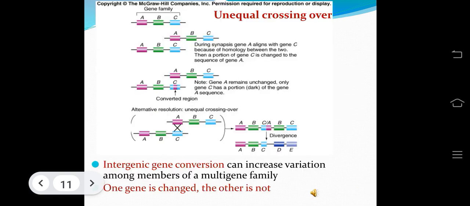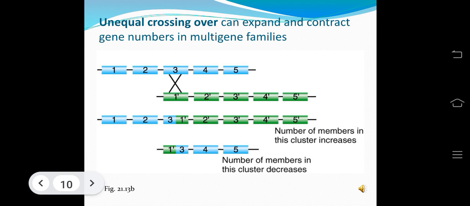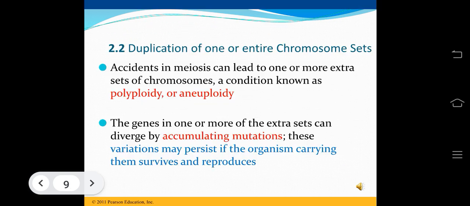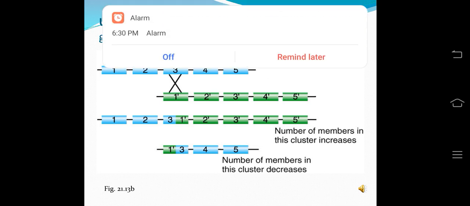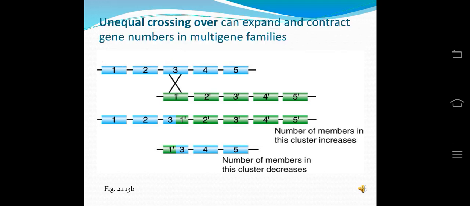Unequal crossing over takes place because of problems in meiosis.